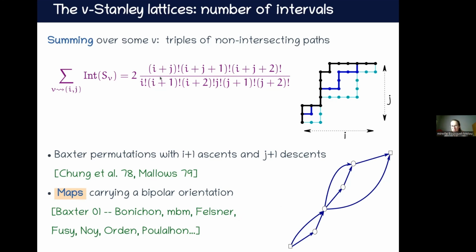And he didn't know Baxter numbers, he didn't know Baxter permutations, but he just had the same name as the original Baxter, with a different one. And he stumbled on the same numbers. And then many people found lots of nice bijections relating Baxter permutations, these triples of paths, and bipolar orientations of maps. So this phenomenon is very well understood.